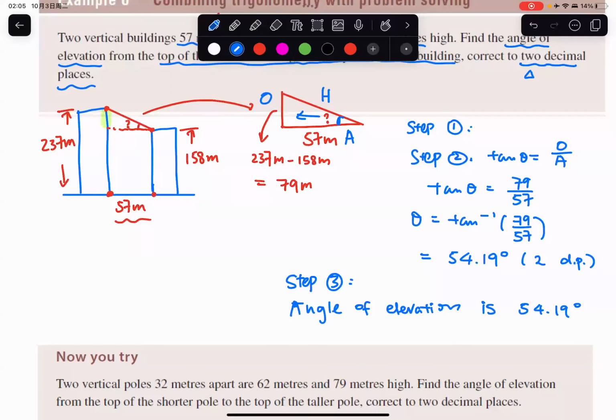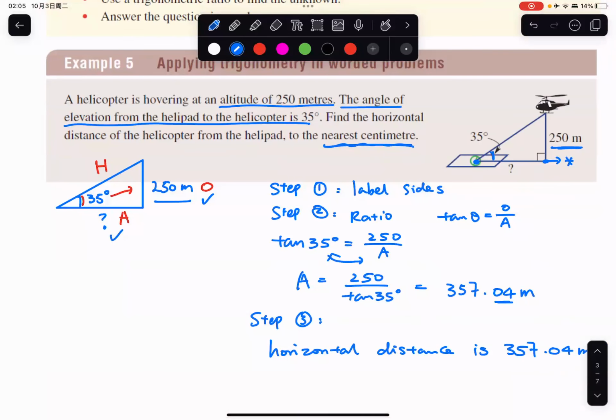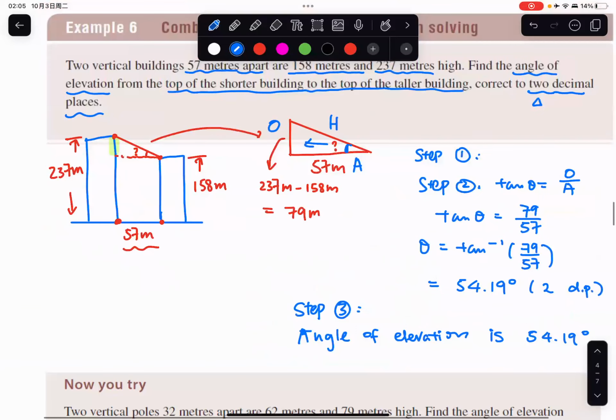Now you can see different situations need different methods to solve. For example, in the first one here, we know one side and an angle, and it's asking for another side, so we use what we learned from 4A. In the second question, you need to use the information they gave you to solve it.